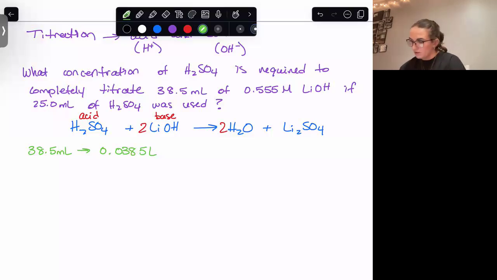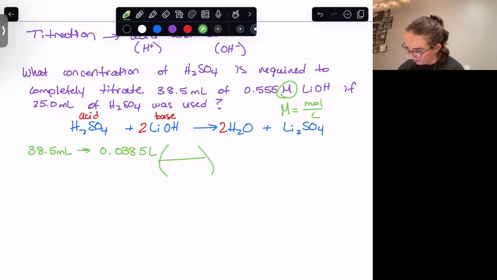And then anytime you see the capital M, that's molarity. What's our units in capital M? M equals, good, moles over liters. Remember, this is liters of solution. So we can use that molarity and we can say that we have 0.555 moles over 1 liter.